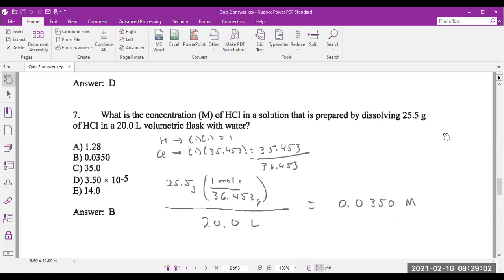In order to do that, I needed to calculate the molecular weight, and that's the 36.453 grams value. So I multiply 25.5 grams times 1 mole per 36.453 grams. So now my numerator is in moles, and then divide that by 20 liters, and then I get a value of 0.0350 molar.